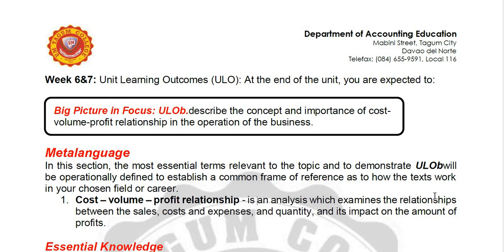So basically, what we will do is we will try to analyze how could sales price, how could cost and expenses, as well as the sales volume affect the amount of profit that a company will report or will be generating.